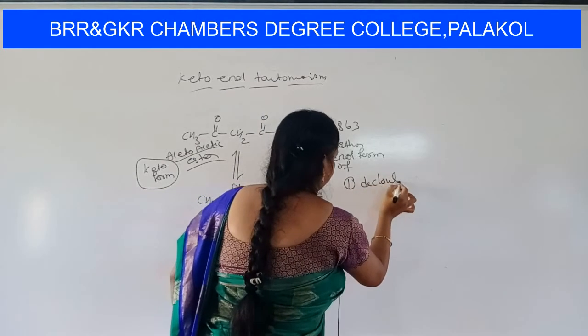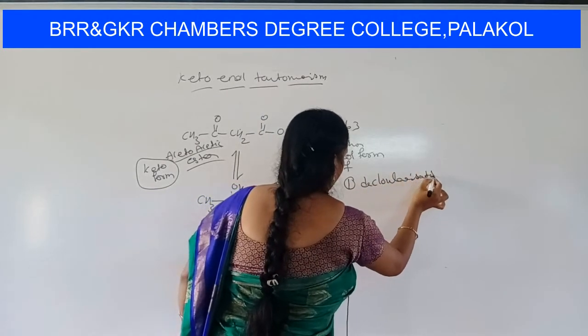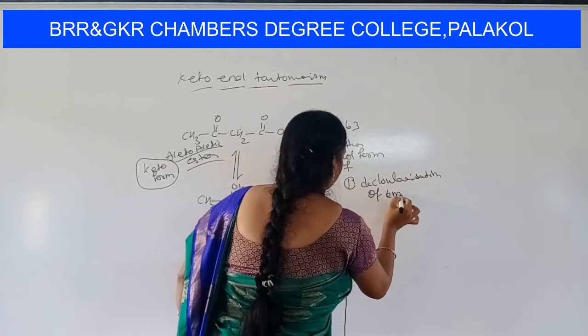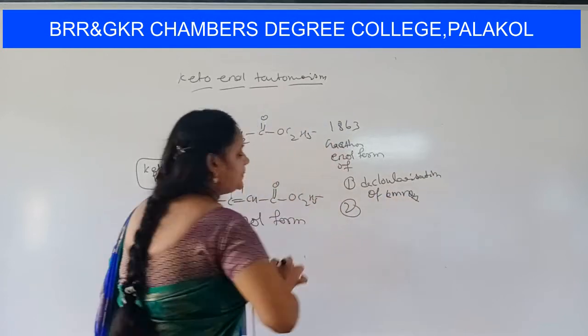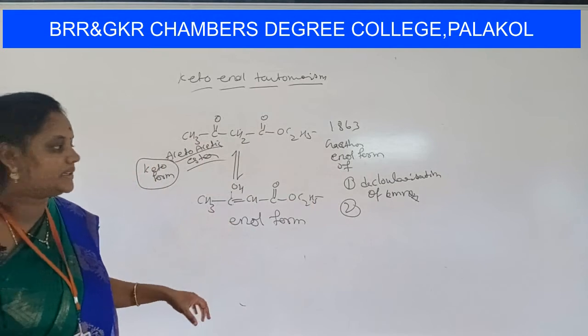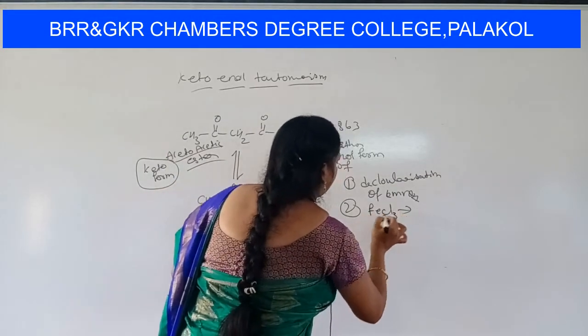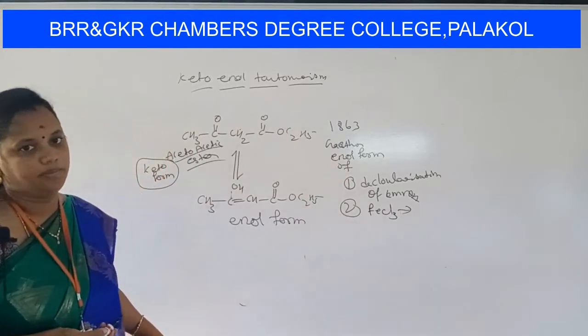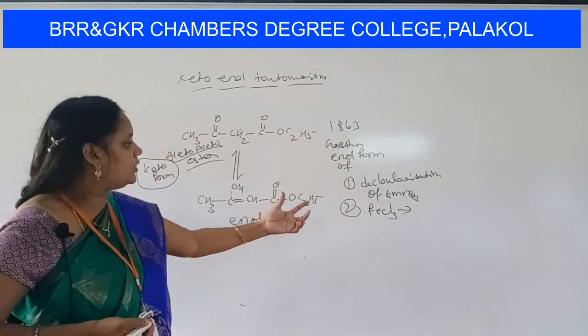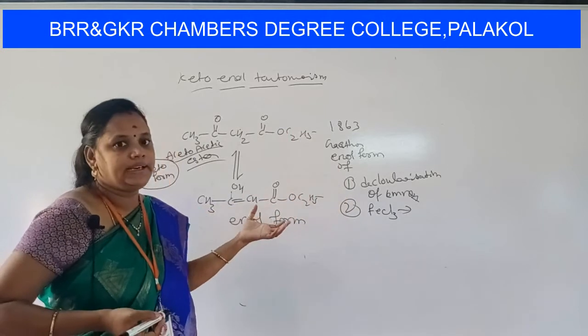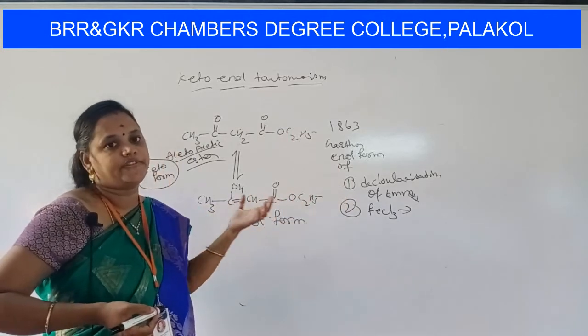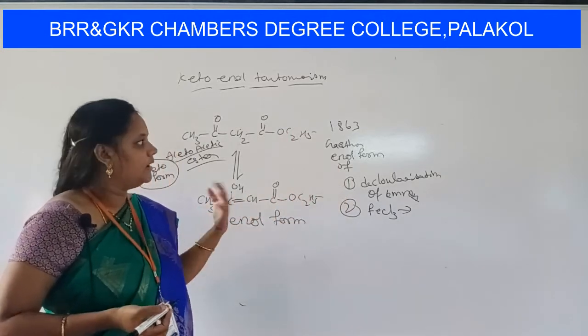Decolorization of KMnO4 has taken place, and the second proof he gave is he reacted with FeCl3, so a red precipitate is formed. Okay, by these 2 proofs he told that it is the enol form structure of acetoacetic ester.